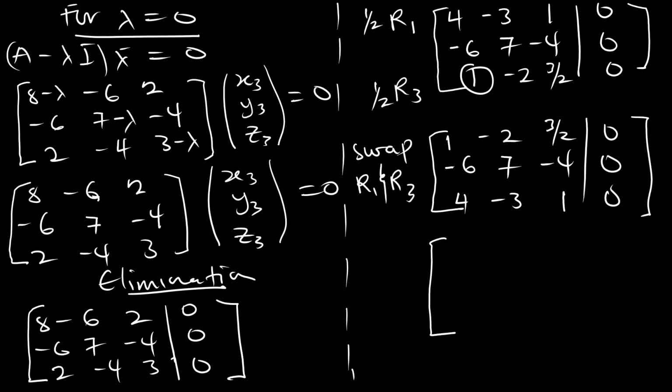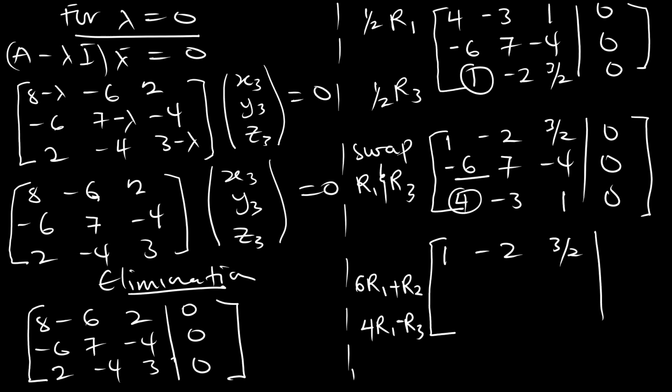In order to reduce this, I'm going to say row 2 is 6 row 1 plus row 2. I want to get this negative 6 to 0, this 4 to 0. And row 3 should be 4 row 1 minus row 3. This is 1, negative 2, 3 on 2 into 0. And when you perform this, we are going to get 0, negative 5, 5, 0. The same thing, 0, negative 5, 5, and 0.